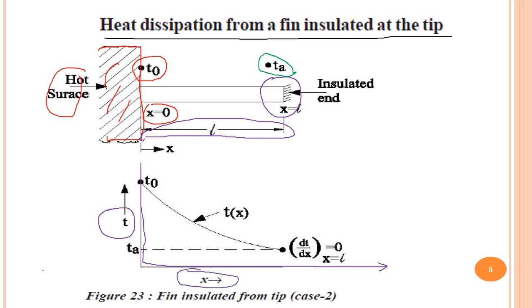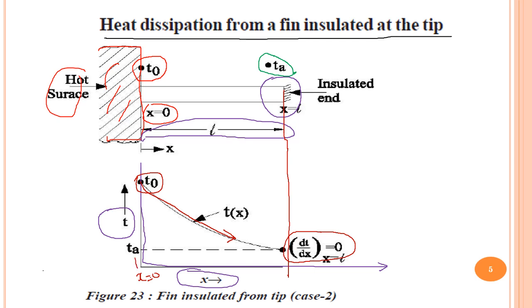In this graph you can see that when x equals 0, the temperature is equal to the base temperature, and along the length the temperature is continuously dropping. At this length L, what you will observe is that the temperature gradient is 0.